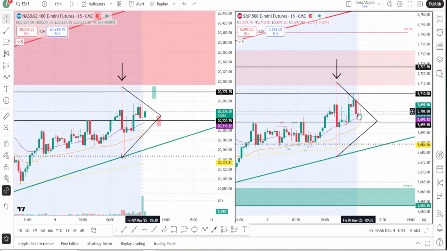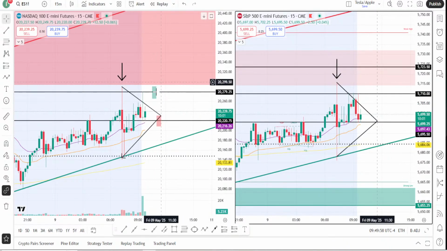Get 2 to 3 candles in the same direction. Start to show some momentum here from the buy side.